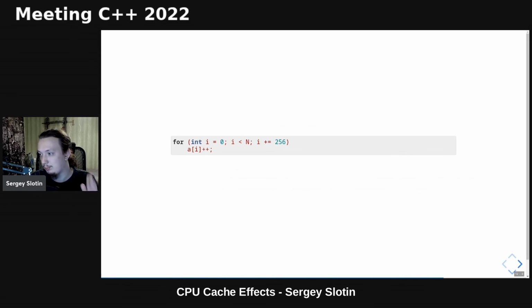Now, let's get back to where we were. The reason why iteration with strides of 256 causes such a terrible slowdown: when we jump over 256 integers, the pointer always increments by 1024. That is 256 times 4.